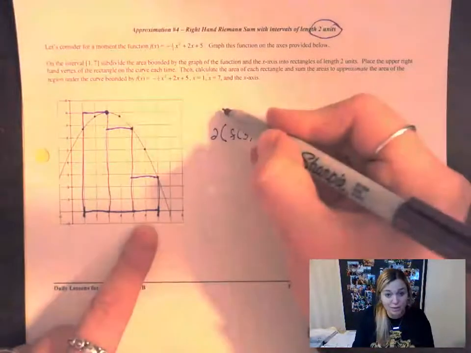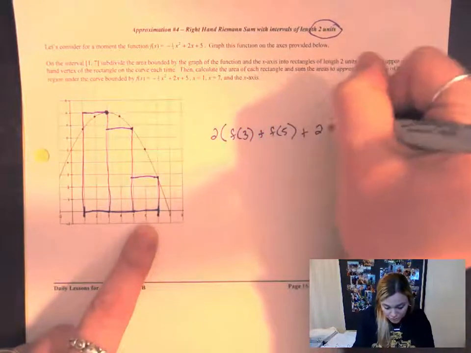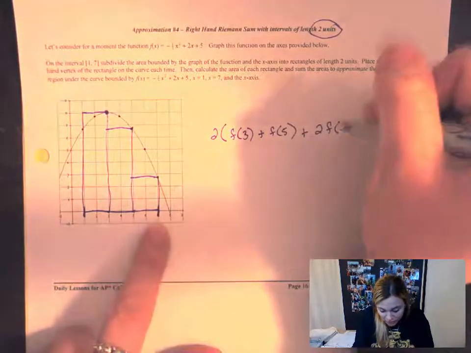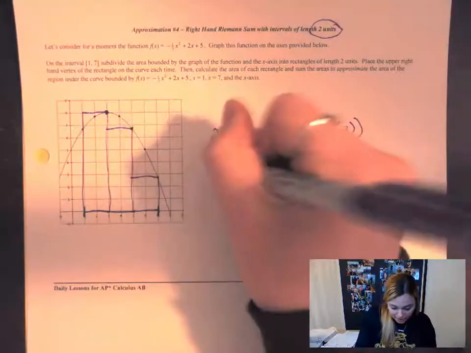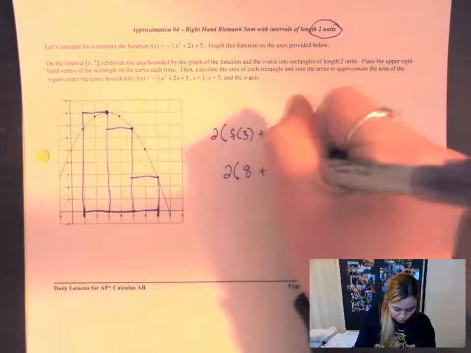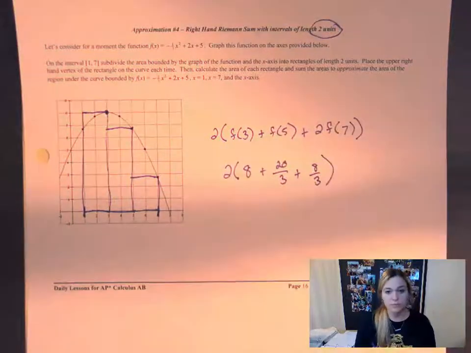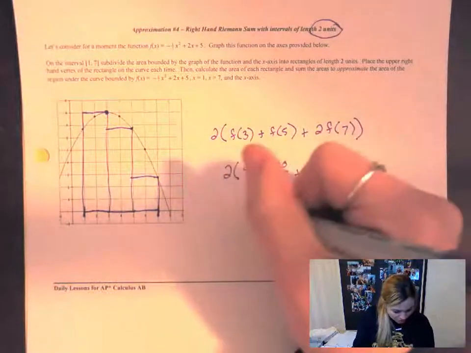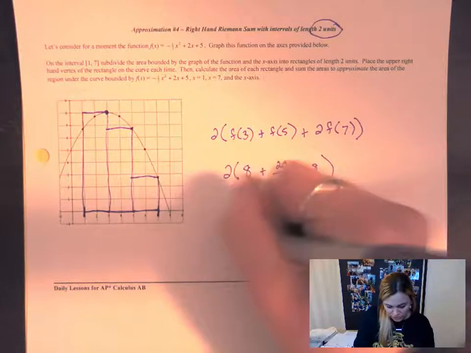If you want to write it out above, 2 times f of 3, 2 times f of 5, you may. 2 times f of 7. f of 3, I'm putting each of these values in there. If I multiply all these things out, this one is 34.667 square units.